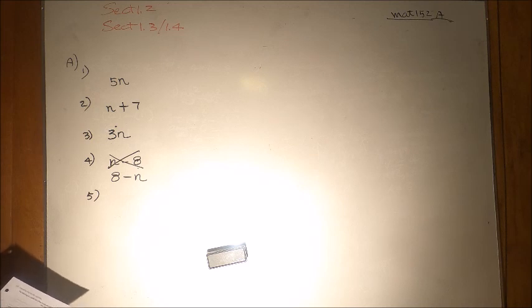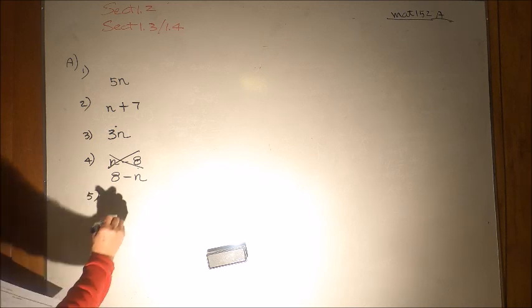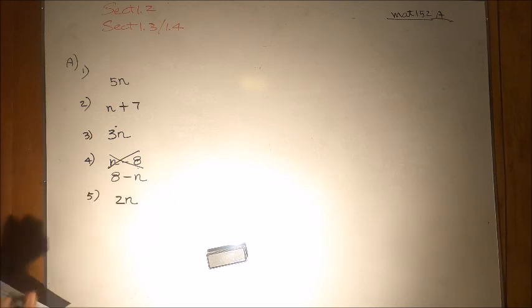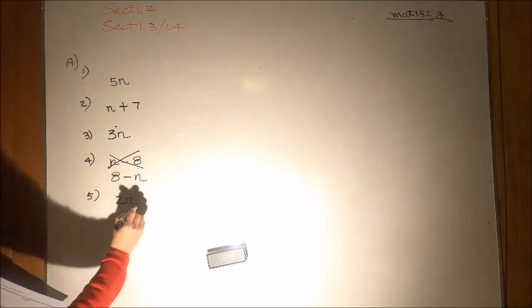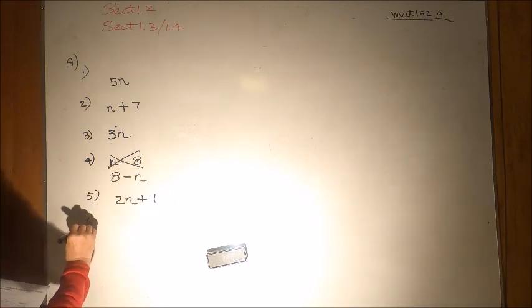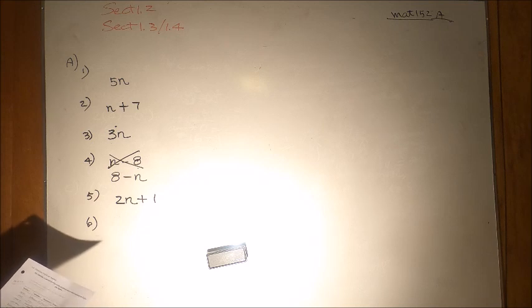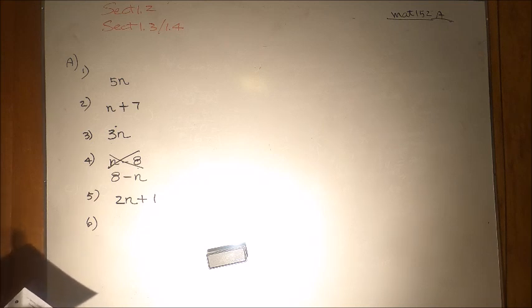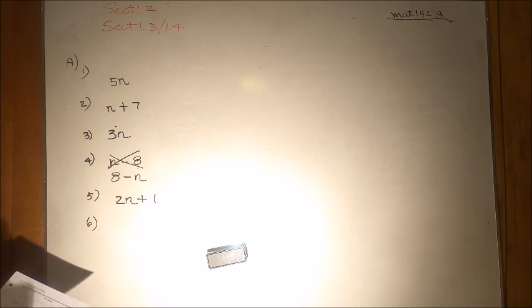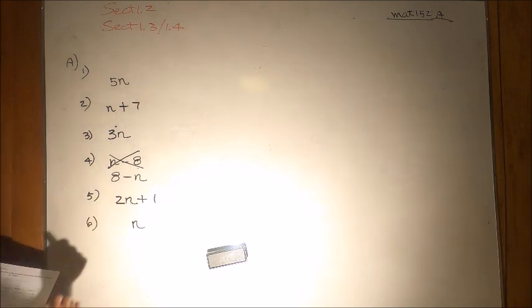Twice a number plus 1. So what is twice a number? Twice a number, right? Plus 1. Add 1 to it. Next one, 3/4 of a number. Remember, of means part of. We will use multiplication. That's the one you need to learn. So that's the number.